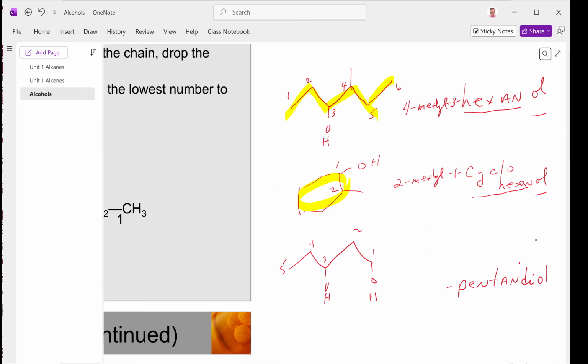So this is a 1,3-pentadiol. That makes sense, the way it's numbered? Yeah.